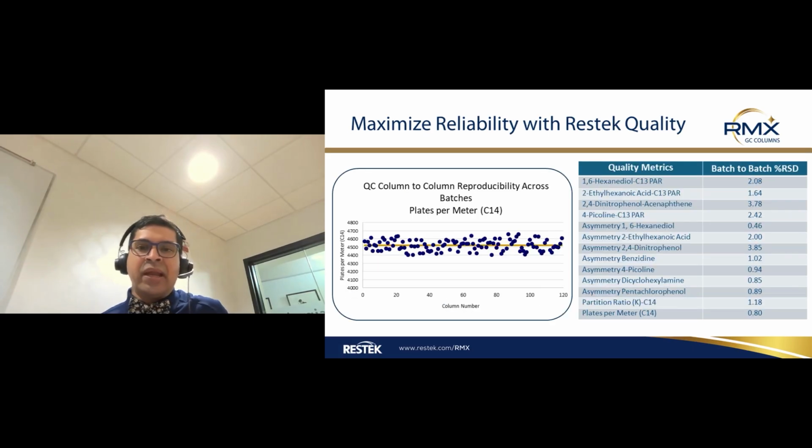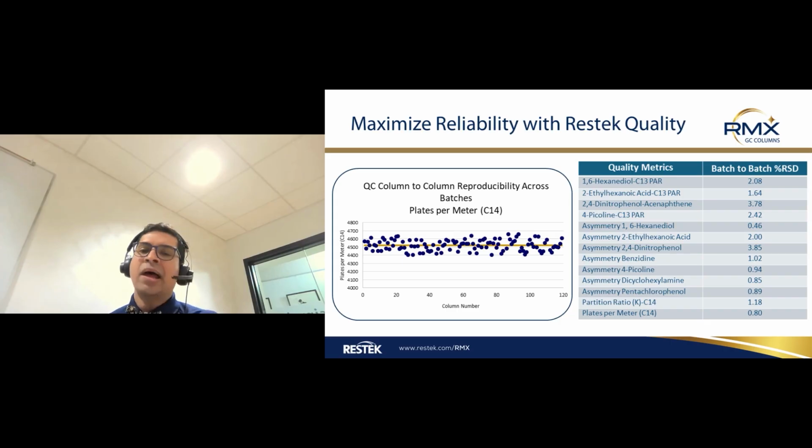So here is yet another example of how Restek backs this column with our thorough quality. You can see that 120 columns have been evaluated, with a tight window of efficiency for those 120 columns. Again, this can build your confidence that every time you get the column, you can expect similar results.